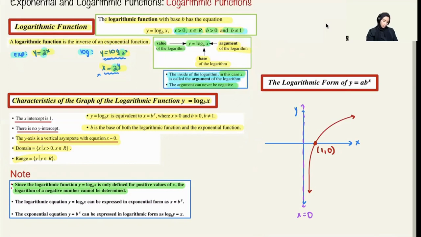Another thing is that the logarithmic equation y is equal to log base b of x can be expressed in the form x is equal to b to the power of y. We've done that twice so far over here, and we've done it initially over here as well. It is really important to recognize that exponential functions are basically the inverse of logarithmic functions.